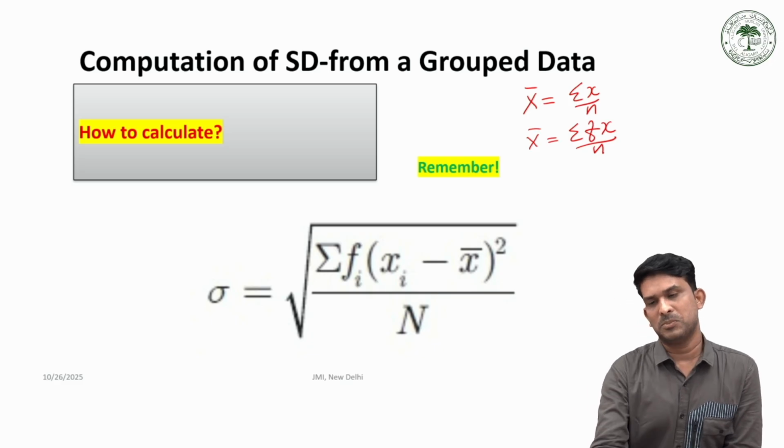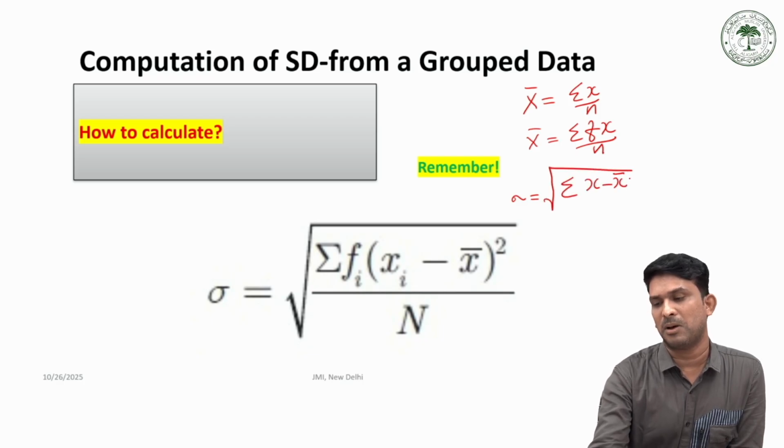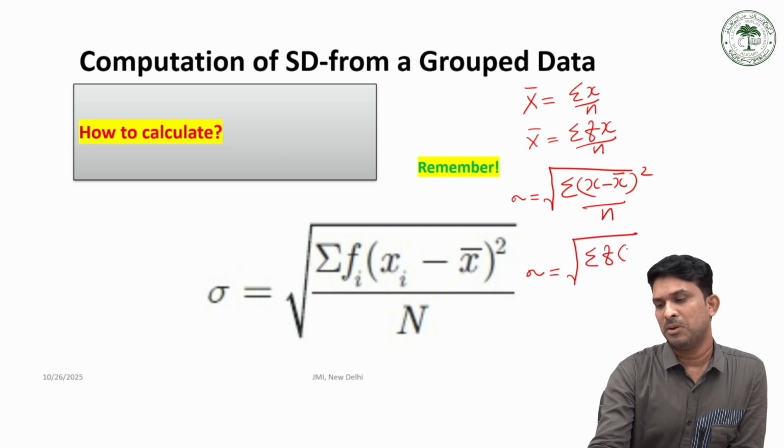So what was for ungrouped data? Standard deviation: square root of sigma of x minus x bar the whole square by n. Yes. Now it is square root of sigma of f into x minus x bar the whole square upon n.